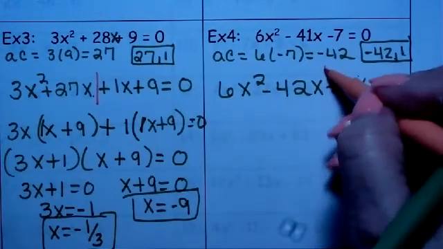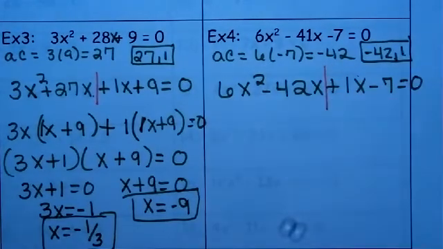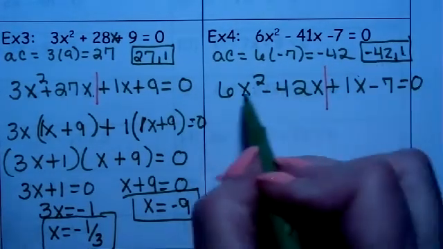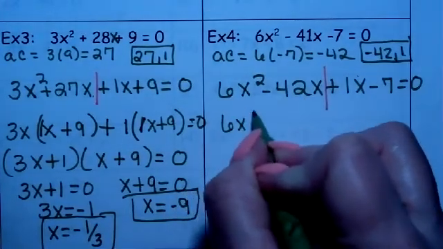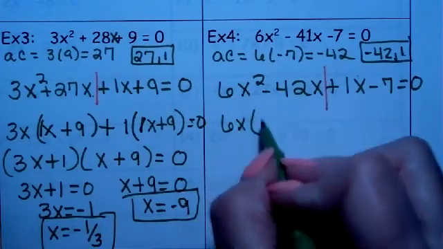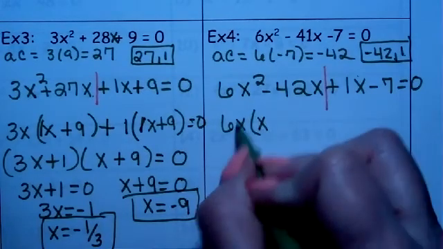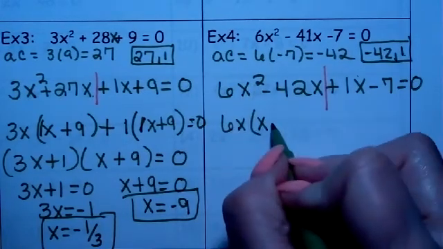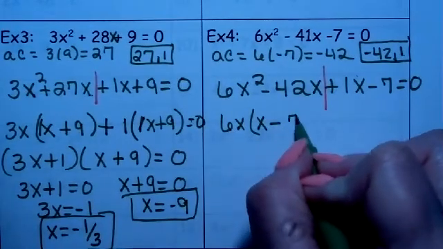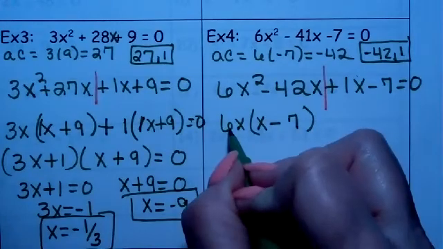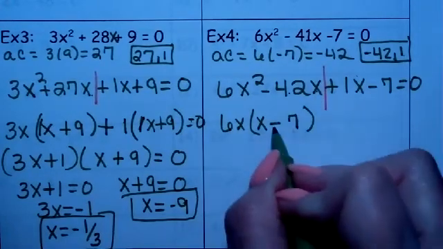We're going to split and factor. So GCF here is 6x. Now 6x times x gives me 6x squared. 6x times 7 is going to give me the 42x. And of course, that's a minus right there.